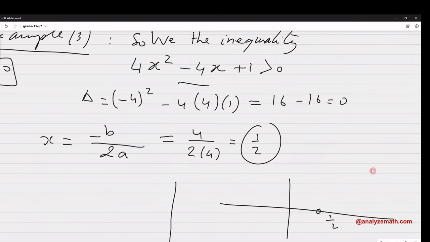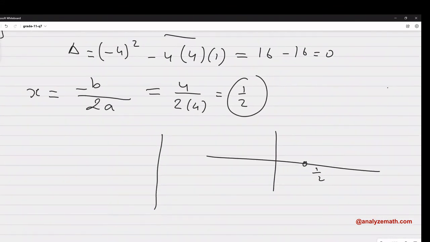The parabola goes up. It's going up, and we can see that it's positive everywhere except when x equals 1/2.